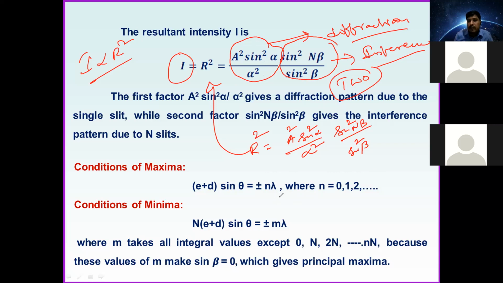I can change the question a little bit: in which property of light is the fringe width the same, or the width between the fringes are same? Or another question: in which property of light is the width gradually decreasing? This is an important question for competitive exams.